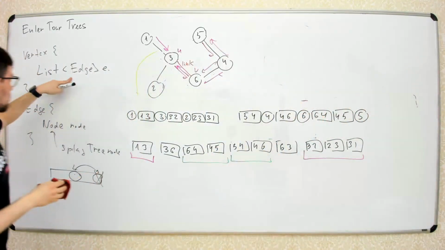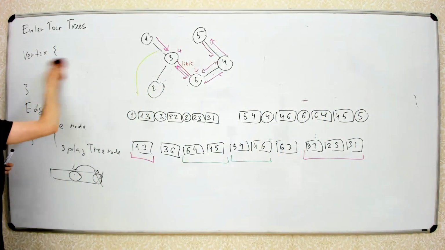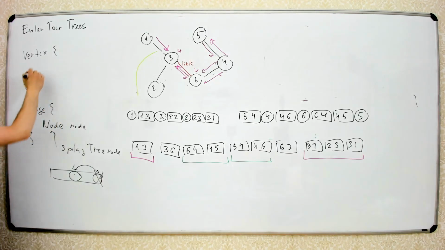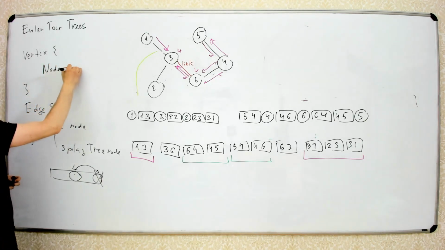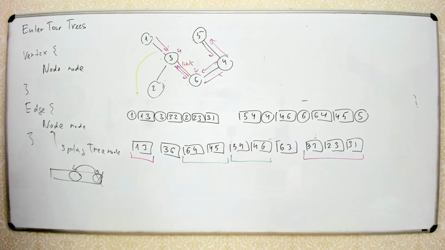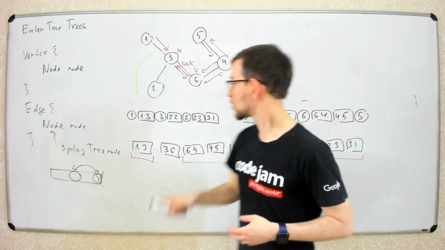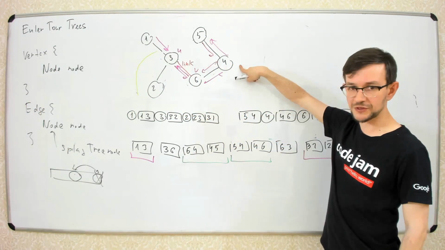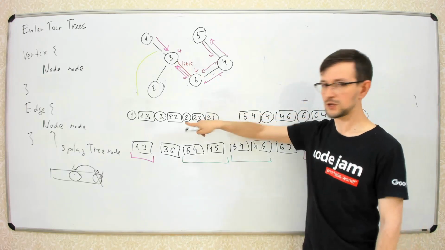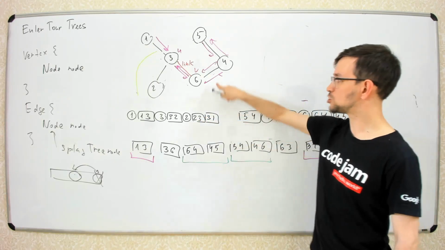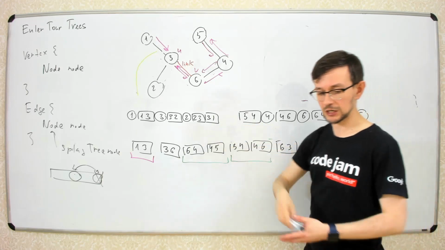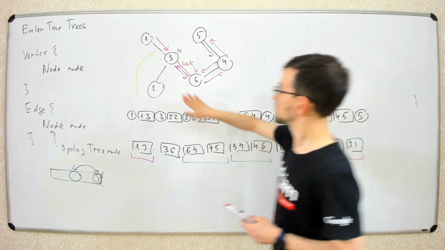For each vertex, we will also remember the node of the Splay tree. So each vertex of this tree has some node in this Splay tree, and each edge has some node in this Splay tree.